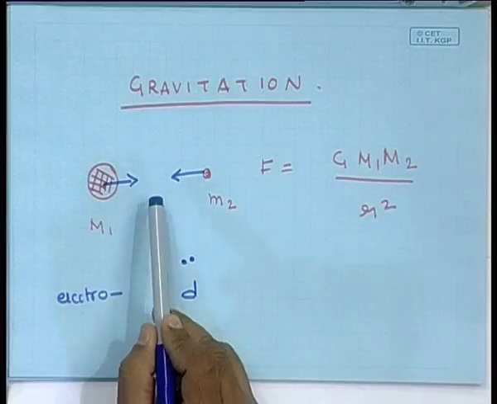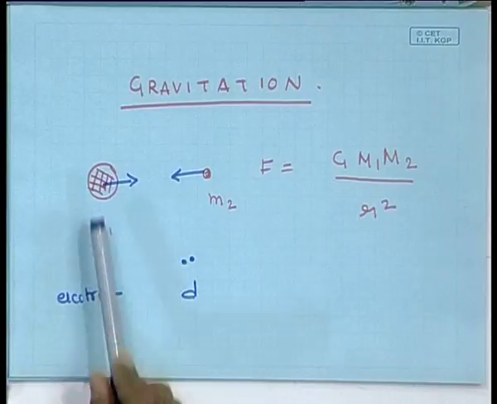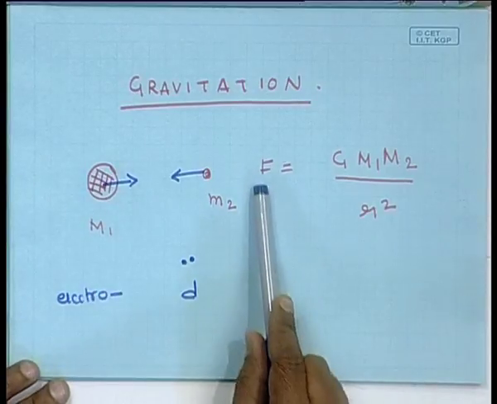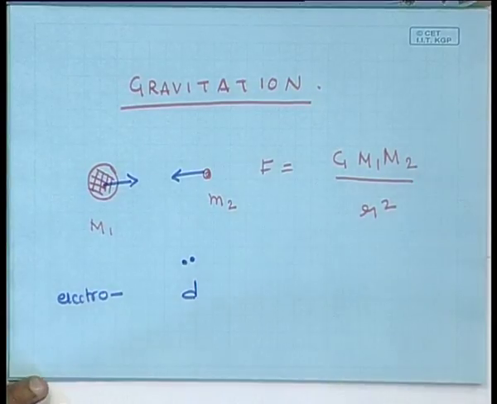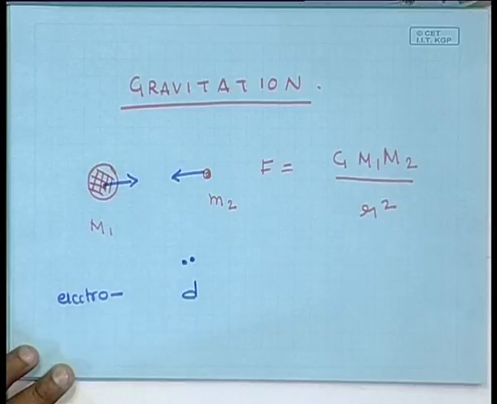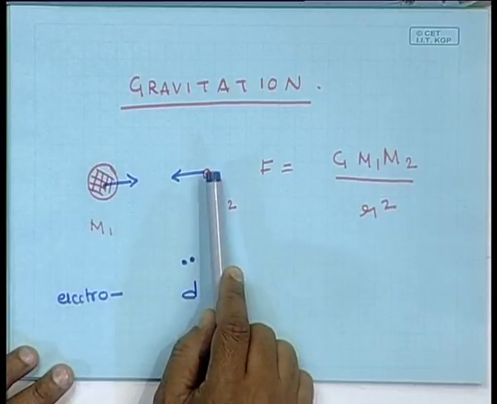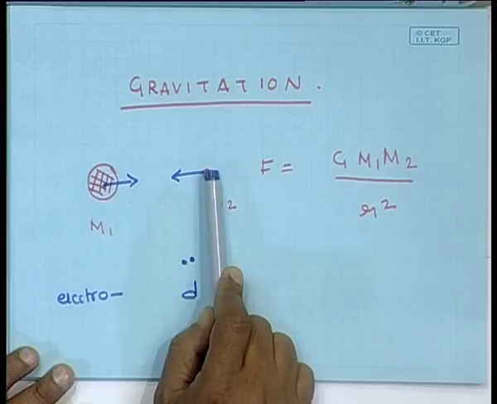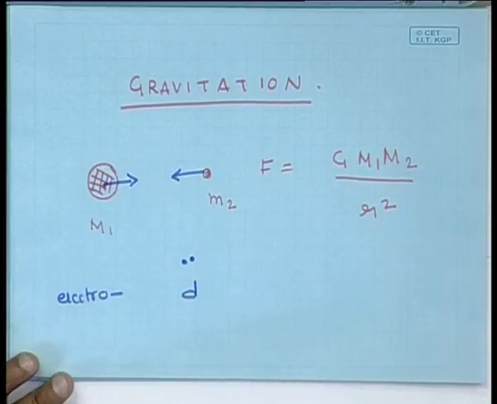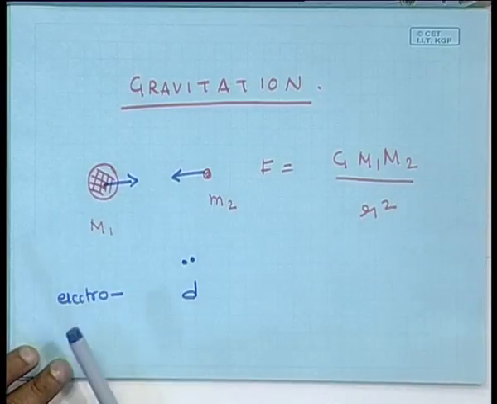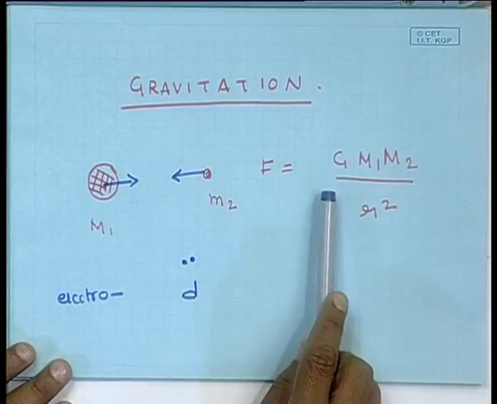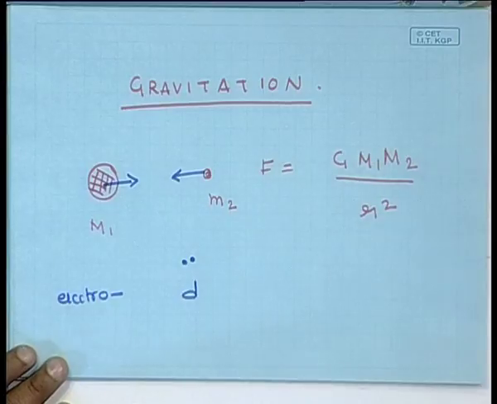Now, let us look at Newton's law of gravity. You see that Newton's law of gravity is exactly similar to Coulomb's law, and it has the same problem that it does not incorporate the fact that it takes a finite time for signals to propagate. The gravitational force would change instantaneously if I were to move this mass. So, it should be quite clear that this particular force law for gravity is not the final story.